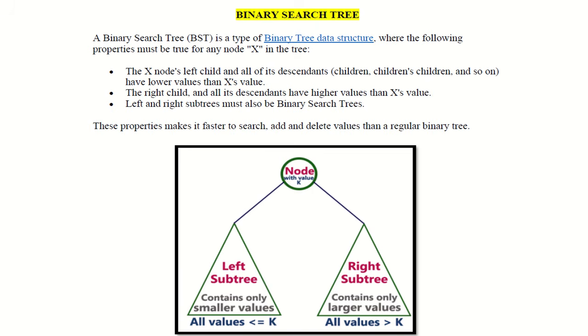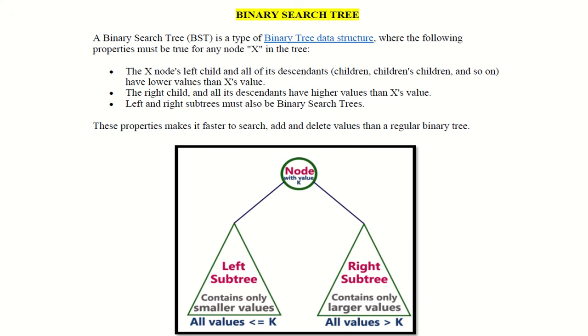A binary tree is a tree where each node can have at most two children, one on the left, the other on the right. A binary search tree is a special type of binary tree with the following property.